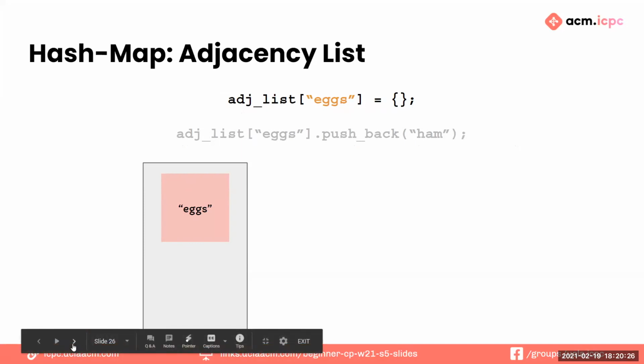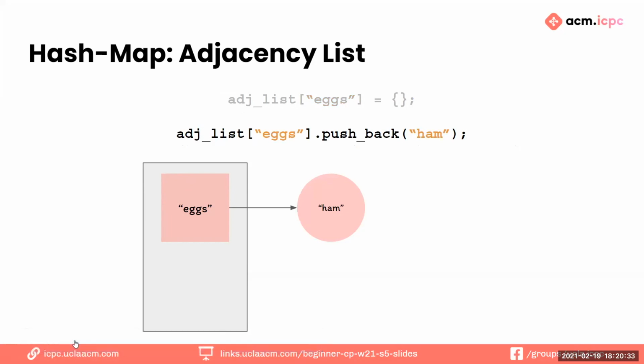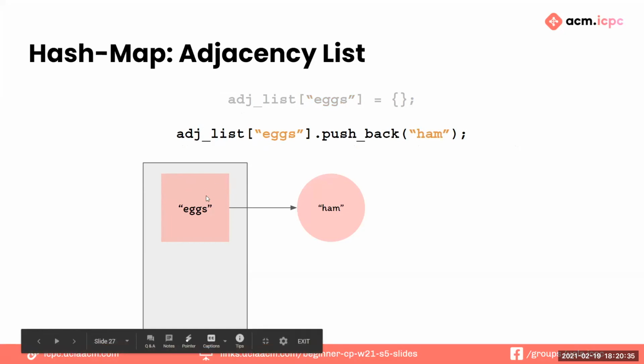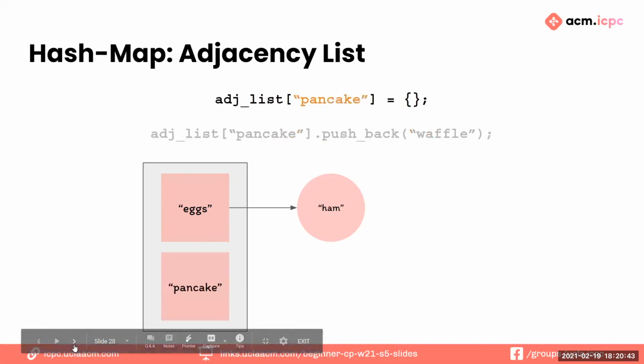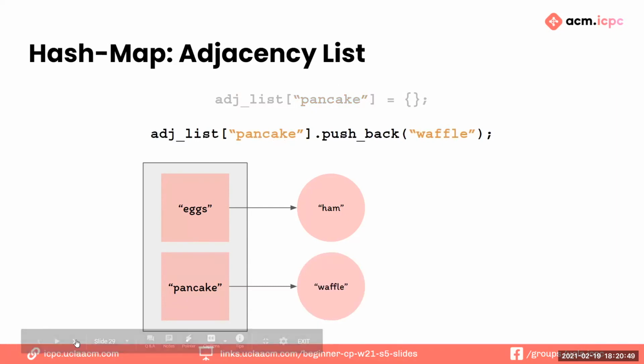And then I could just push in values like it's an adjacency list. So here inside eggs, I push in ham. So eggs is now pointing to ham. And then I can do the same thing for pancake, and then set pancake to point to waffle.